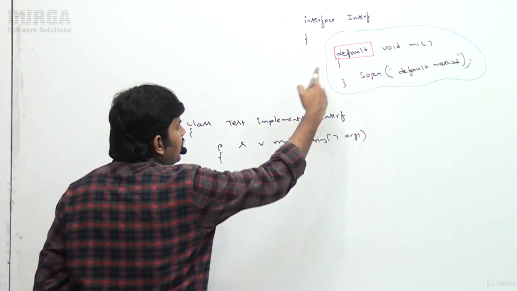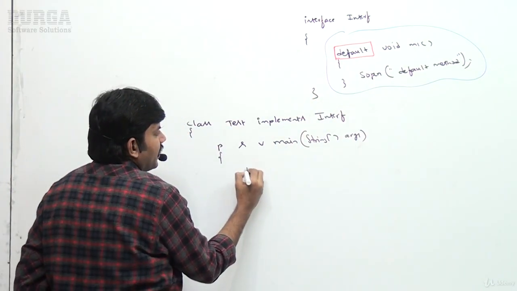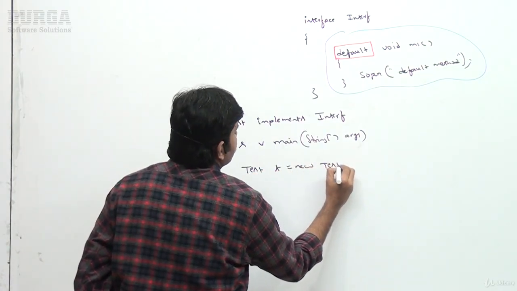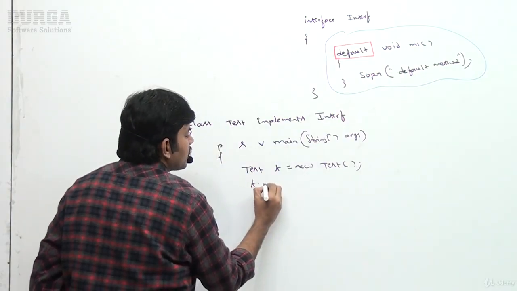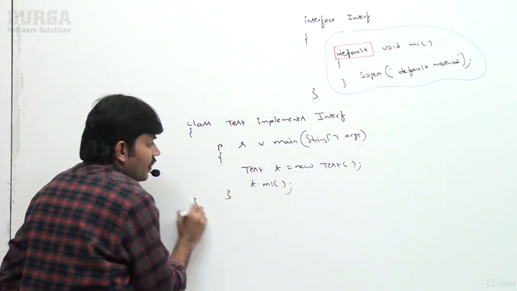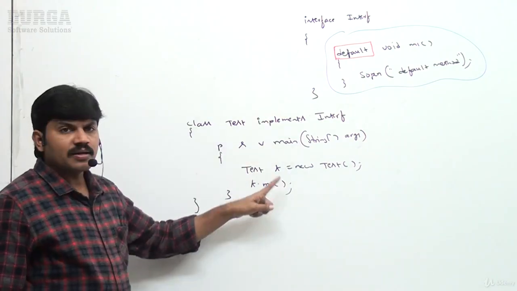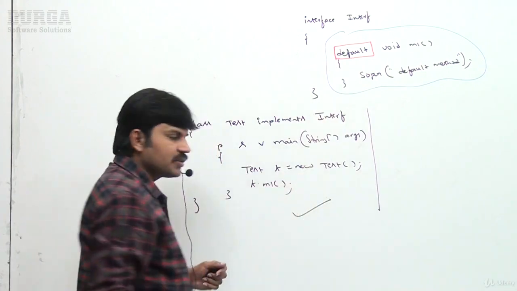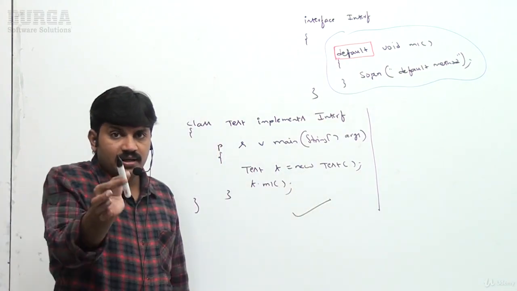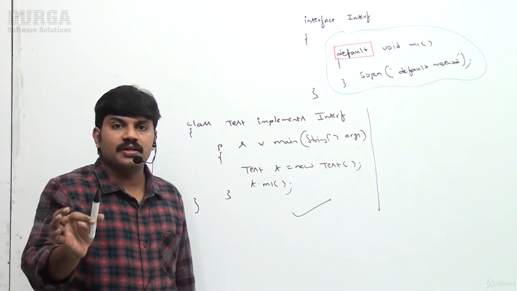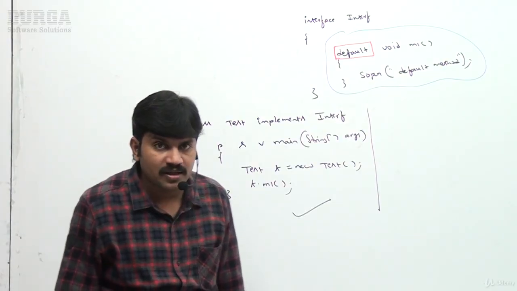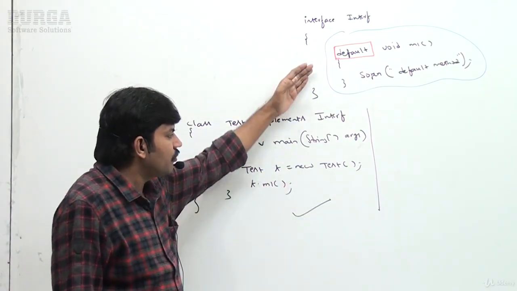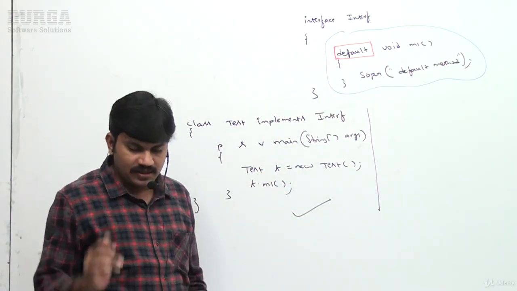Here let me take Test t = new Test, then t.m1. Happily, this m1 method is by default going to get the chance and it will be executed. Are interface default methods by default available to the implementation class or not? Yes. If you want, you can call that default method directly.